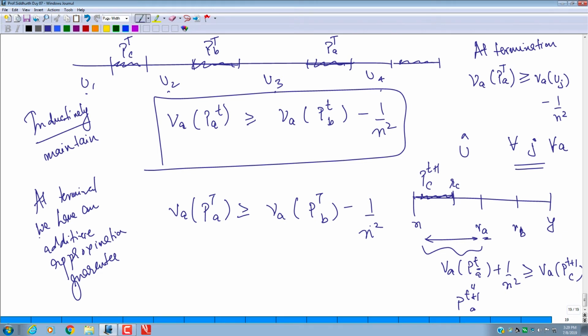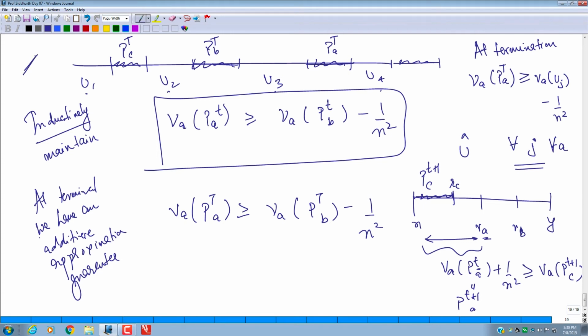I have not assigned the whole part of the cake, so there is one step of the algorithm that still remains. But note that this is very close to what I want. Up to this small factor of 1 over n square, we are almost there. We have achieved NV freeness. Just squint away and ignore this additive term. This is exactly NV freeness. Very nice.